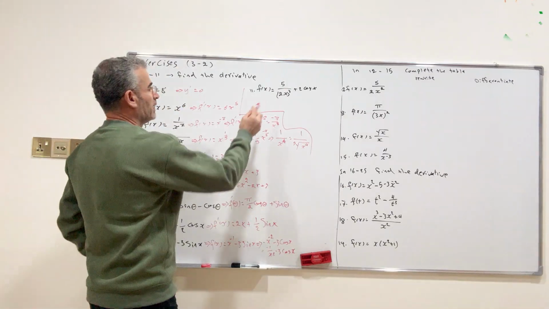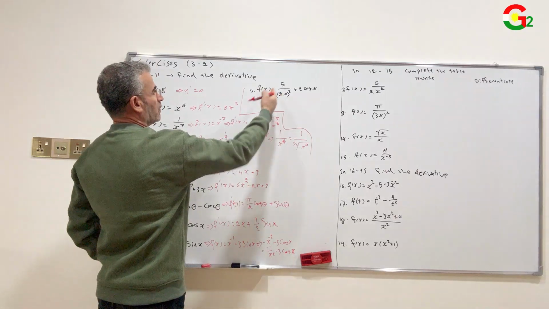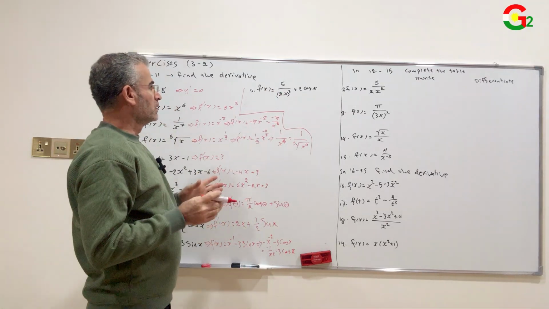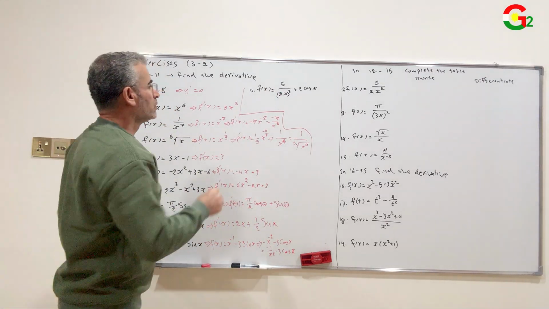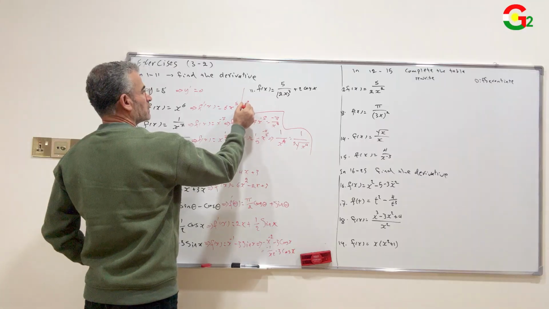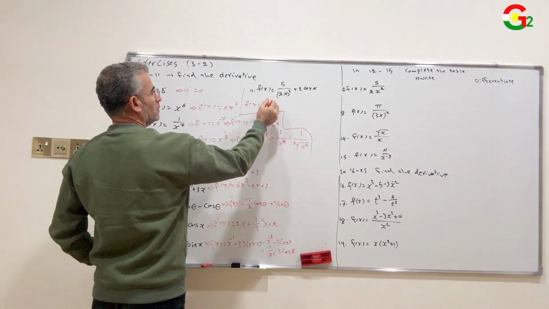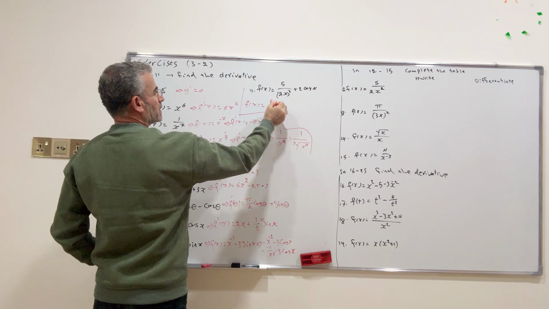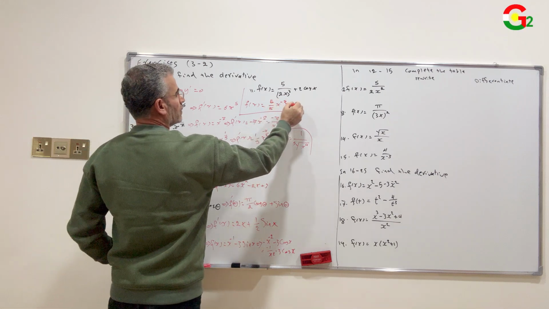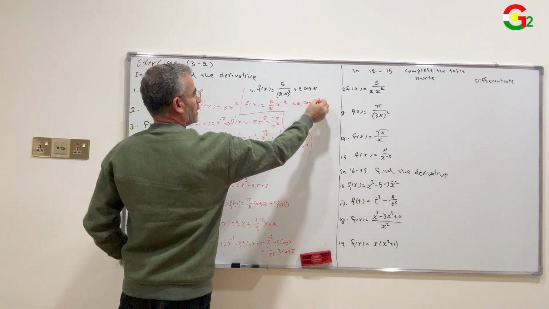Question number 11. f of x equals 5 over (2x)^3 plus 2 cosine x. Rewrite this function as f of x equals 5 over 8 x to the negative 3 plus 2 cosine x.